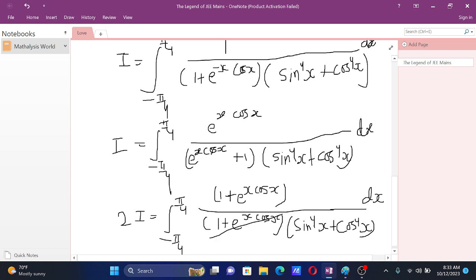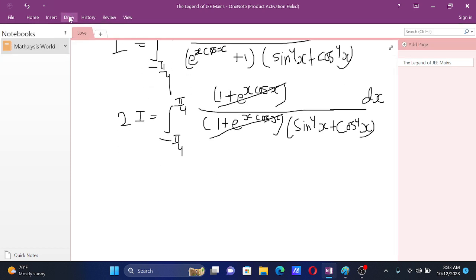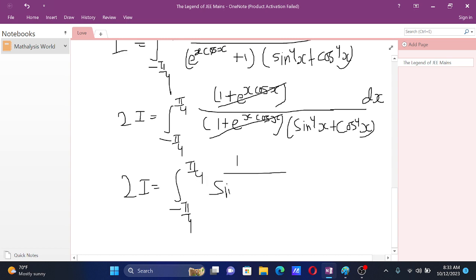And these cancel out, and you see we have got a really simpler form. So we have 2I is equals to integral from negative pi by 4 to pi by 4, 1 over sine to the power 4x plus cos to the power 4x dx.